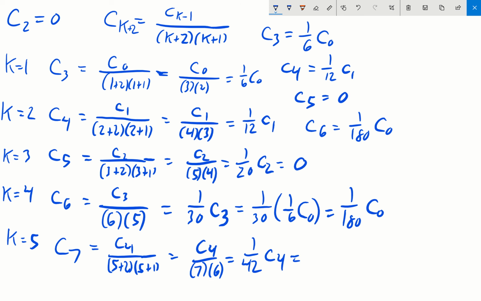But we know what c4 is equal to. c4 is equal to 1 over 12 c1. So this is 1 over 42 times 1 over 12 c1.